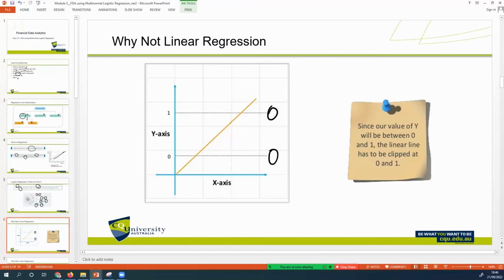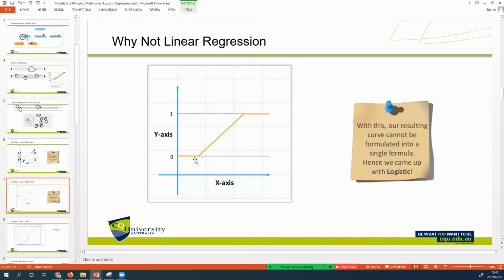So let's say your Y criteria is 1 and 0, which is two categories of 1 and 0. If using linear regression, it will exceed the line. So linear regression is no use for a classification model of 1 or 0. Linear regression can only be used for continuous variables.